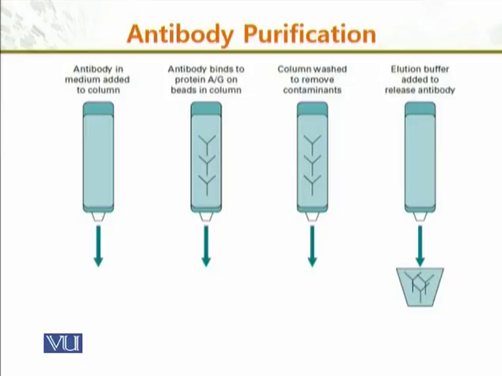Then in the second step, the antibodies are actually adsorbed on that, and eventually in the column we elute with a buffer or with special eluents which remove the antibodies from the column, and they are collected there.